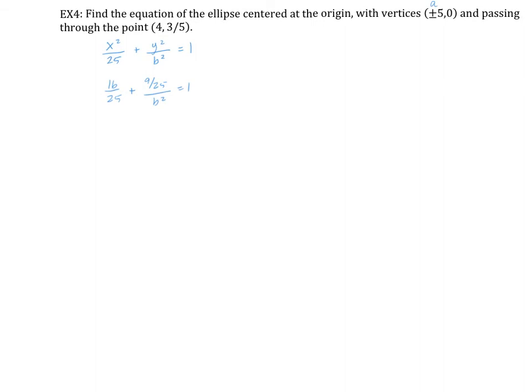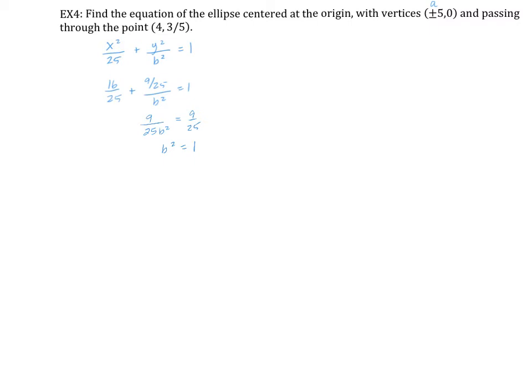If I clean this up a bit, I'll end up with 9 over 25 b squared, and I'm going to take 1 minus 16 over 25 to get 9 over 25 on the other side, which tells me that my b squared, if I continue to solve, is 1.